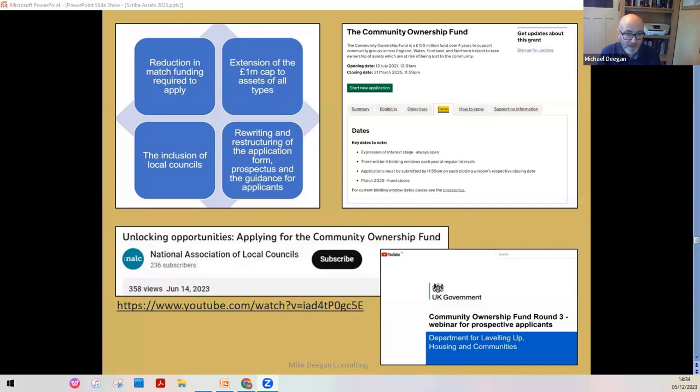However, apart from eligibility, there have been some major changes since the first 2 rounds. The match funding requirement has been reduced from 50% to 20%, which is a big thing. The funding cap has increased from £250,000 up to £2 million of capital funding, which is quite a big increase. But the average is still expected to be up to about £25,000.